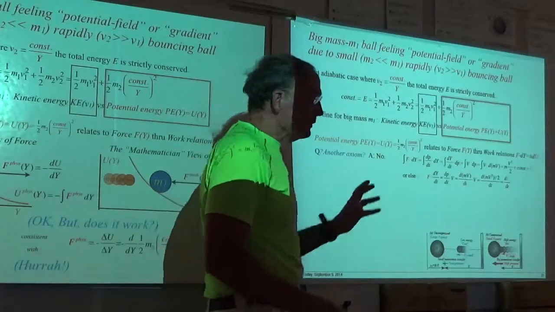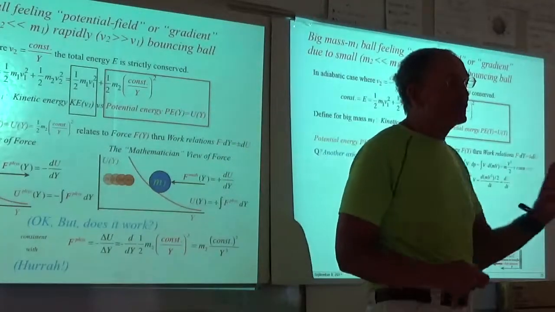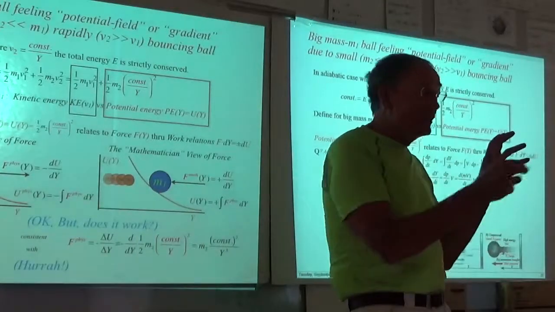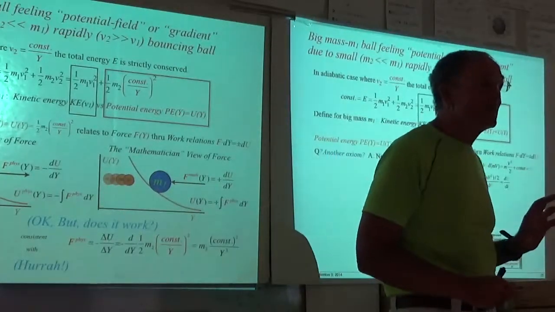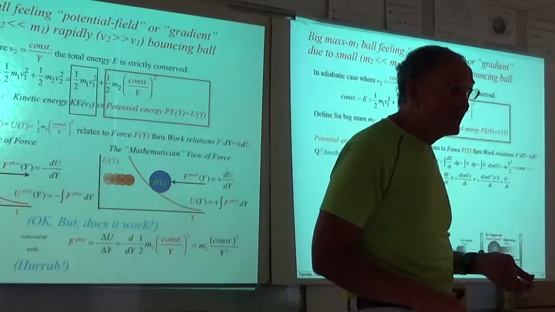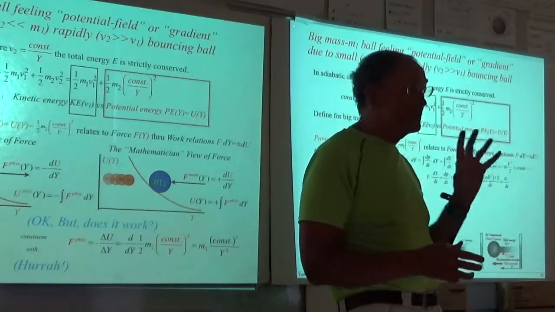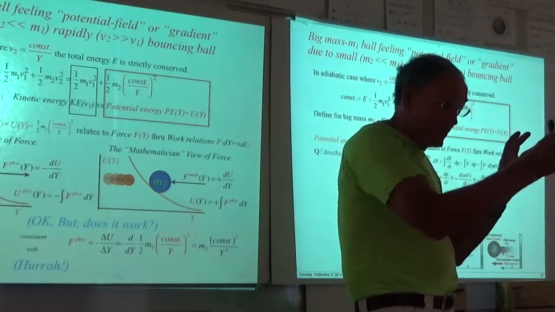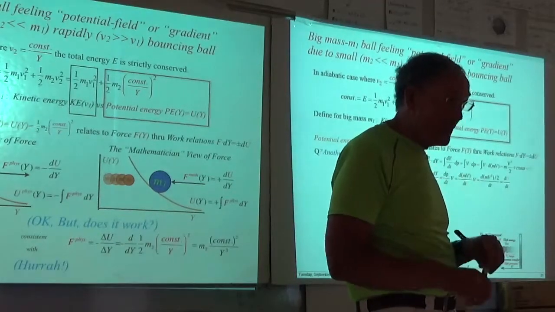Now, if you get down to things where you're moving M1 fast enough that M2 can't keep up, forget about it. We made the assumption in the beginning that M1 was moving slowly compared to M2, okay?